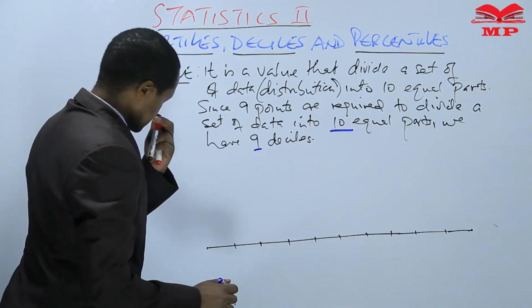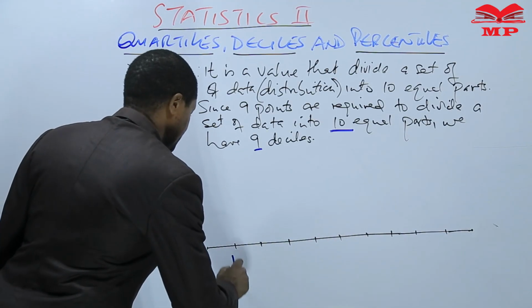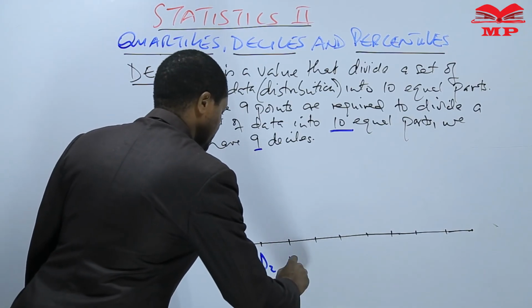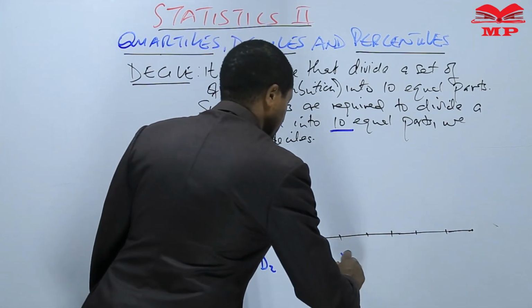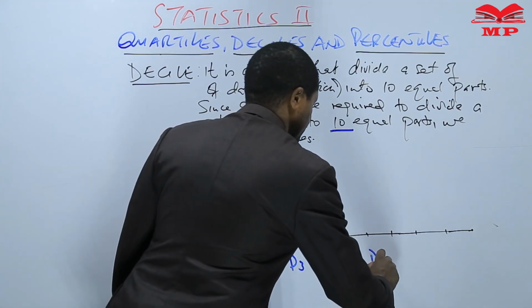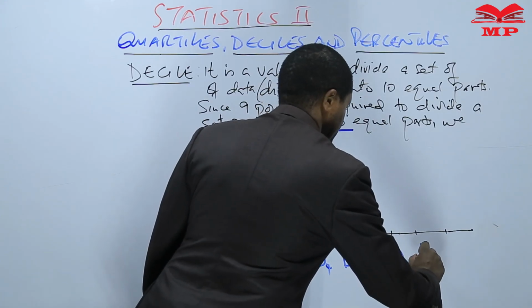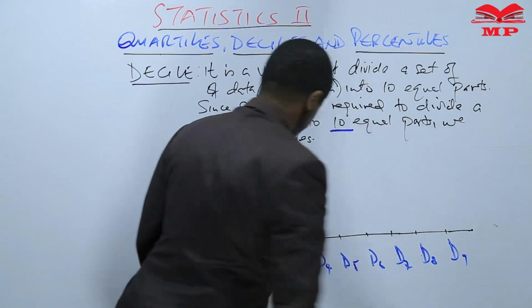So this one will be referred to as decile 1, decile 2, decile 3, decile 4, decile 5, decile 6, decile 7, decile 8, and decile 9.